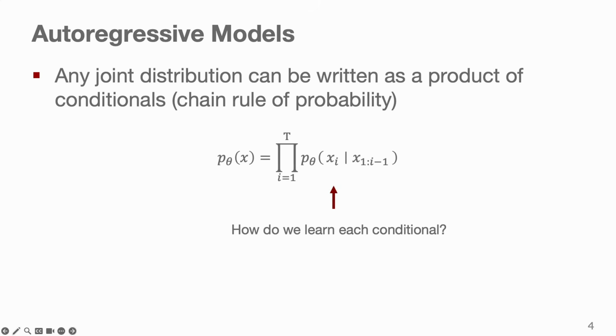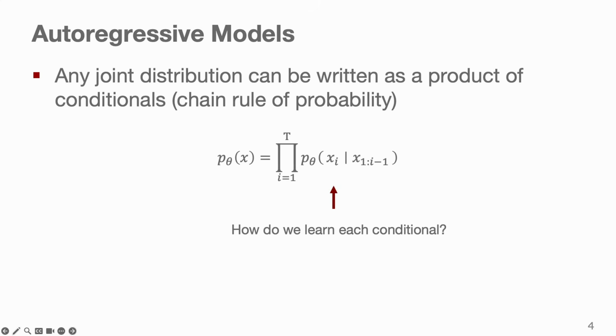It tells us that for any joint distribution, no matter how complex or high dimensional, we can decompose it into a product of conditional distributions. This means we can get the probability of the entire sequence as the probability of the first element times the probability of the second element, and so forth, autoregressively.